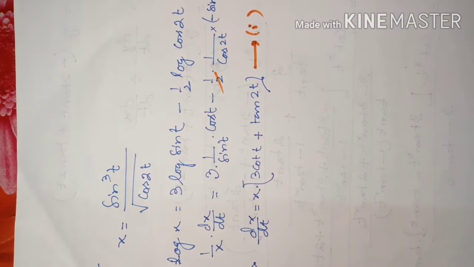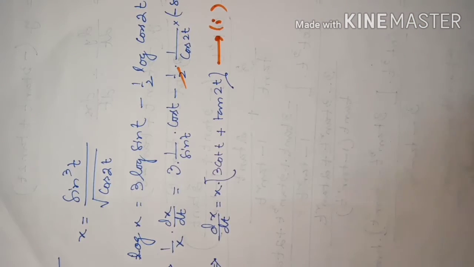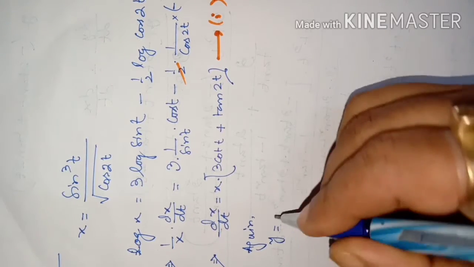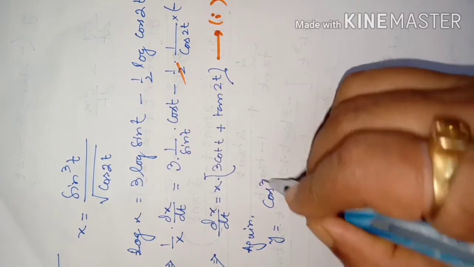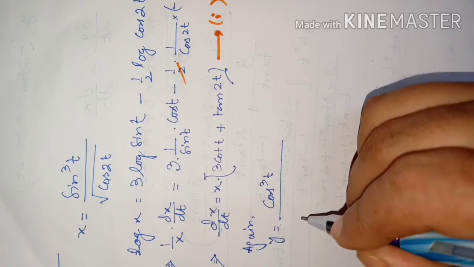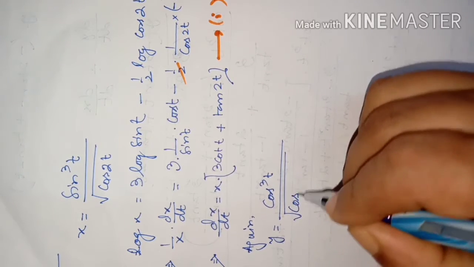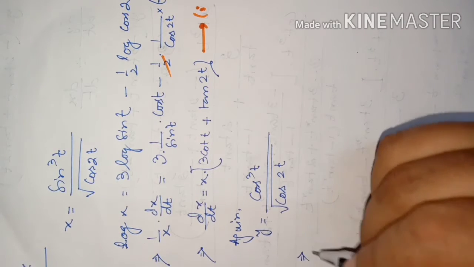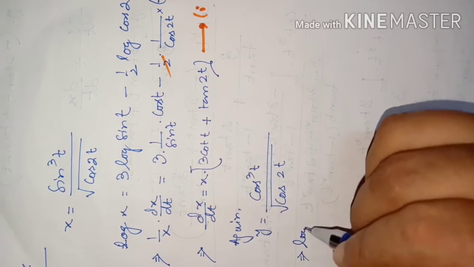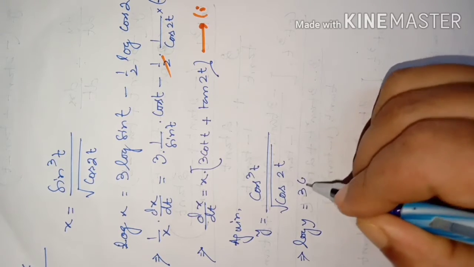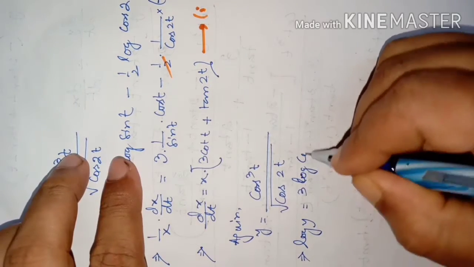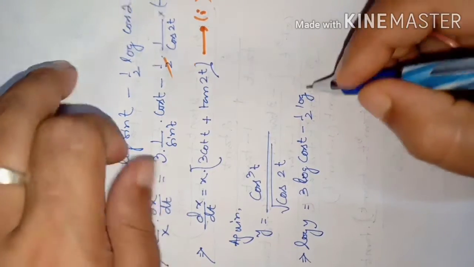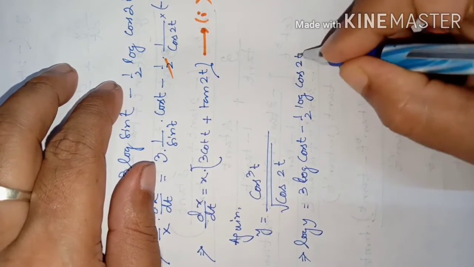Now let us find dy by dt in the same way. y is given as cos cube t divided by root over cos 2t. So applying log, log y is equal to 3 log cos t minus half log cos 2t.